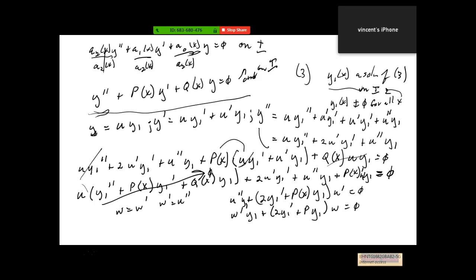Okay. Now, that is a linear and separable equation. It's kind of a mess, but it is a linear and separable equation.